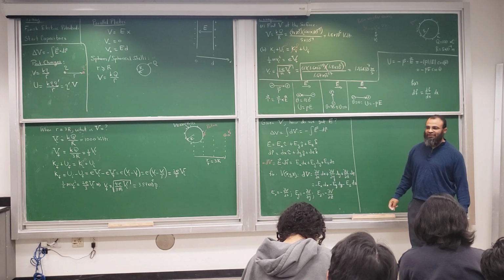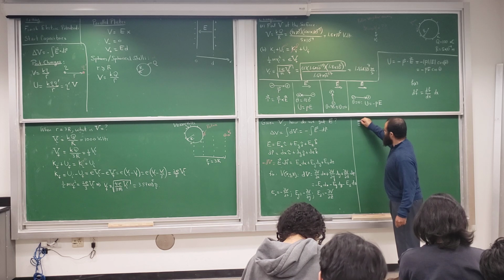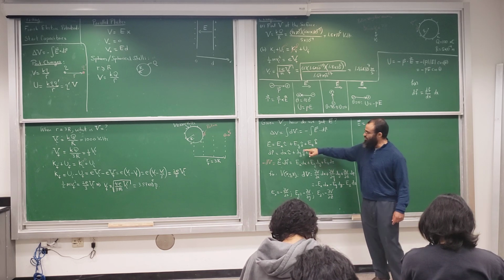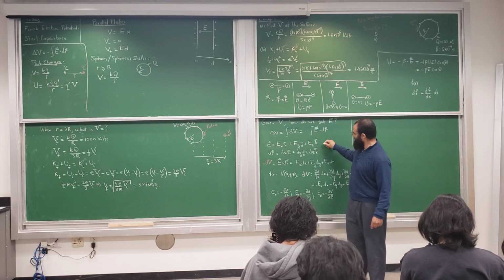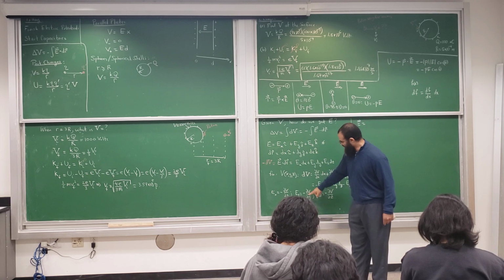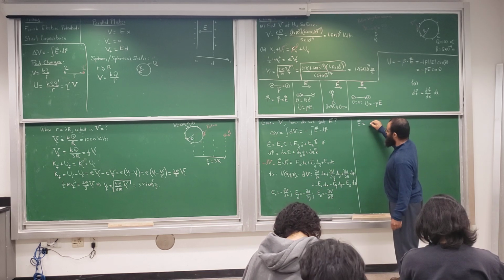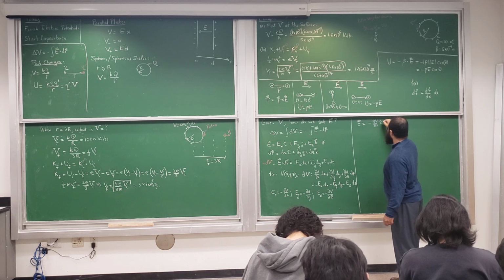So let's write the electric field vector now. So E, I'm back to here, but I'm going to replace Ex by this. So Ex is going to be minus dV/dx, that would be i hat.